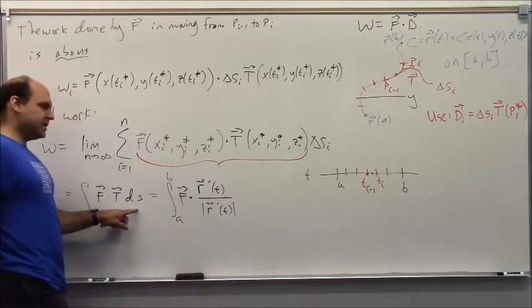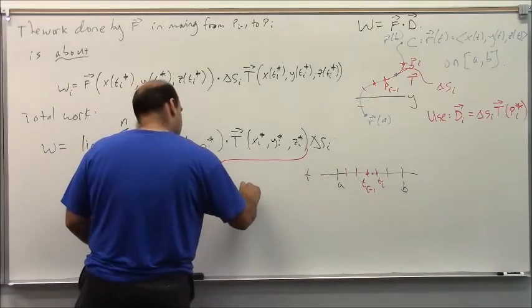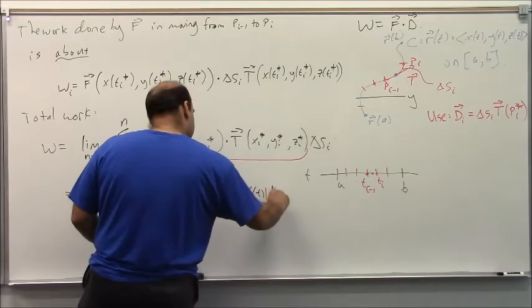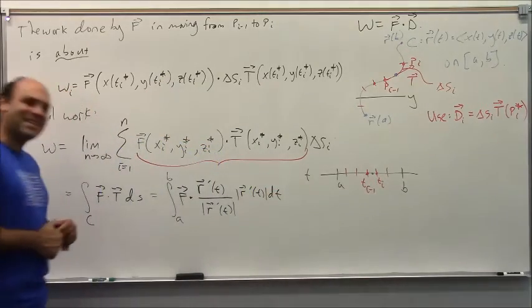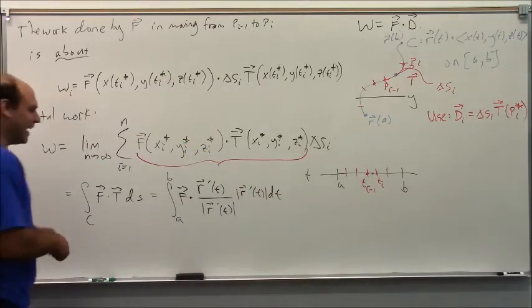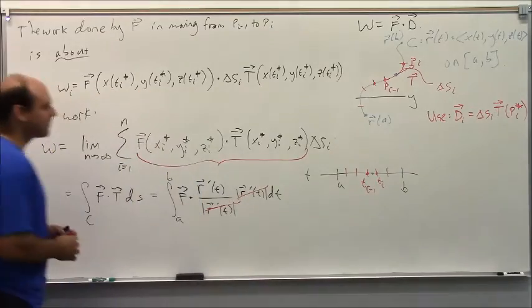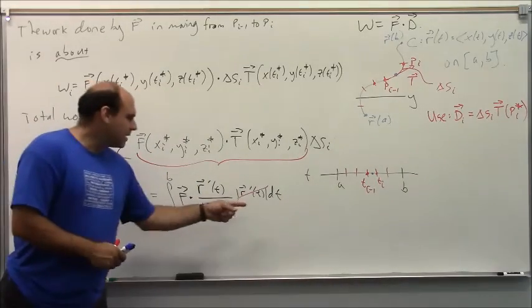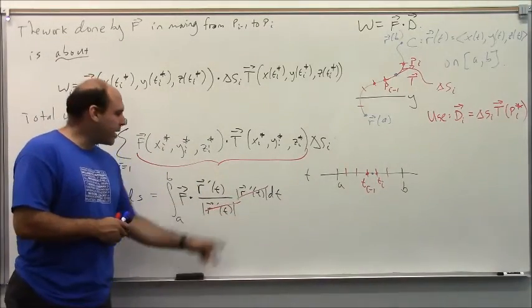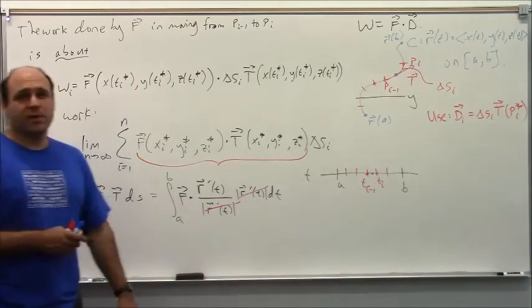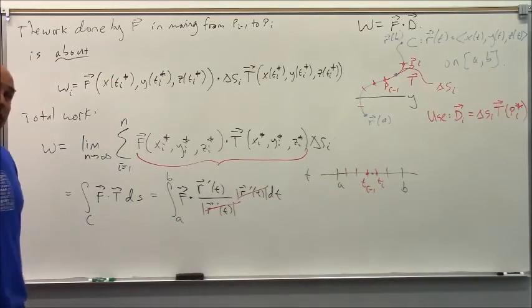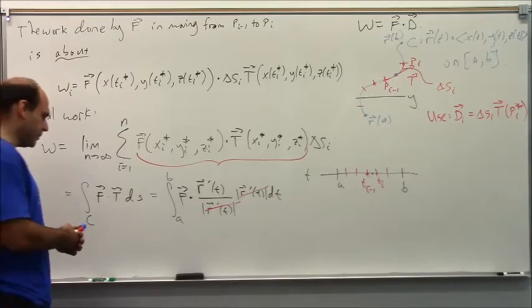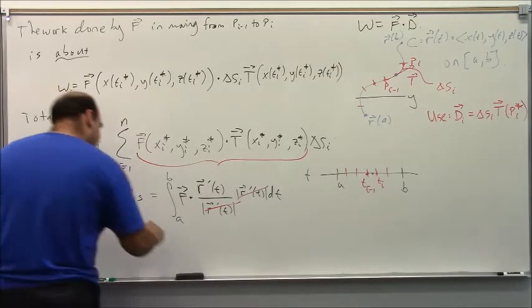And then the ds is the magnitude of r prime of t dt. And by golly, if that's not marvelous. Look at that. Cancel, cancel. Life is good. Not only do I not have the denominator to worry about, but I don't have that square root of x prime squared plus y prime squared to worry about. The radical that gives me so much trouble is gone.